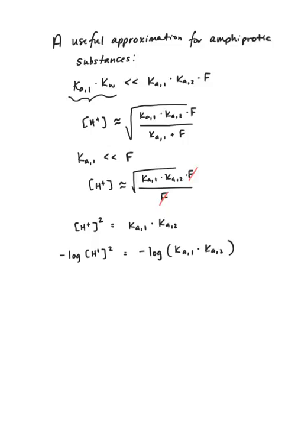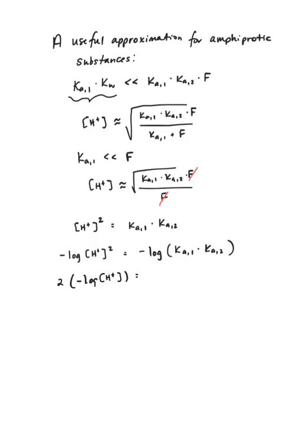Remember, the rules of logarithms say that the log of a quantity raised to an exponent is the same as that exponent multiplied by the log of a quantity. So on the left-hand side of this equation, we can use 2 times the negative log base 10 of the concentration of H plus cations.